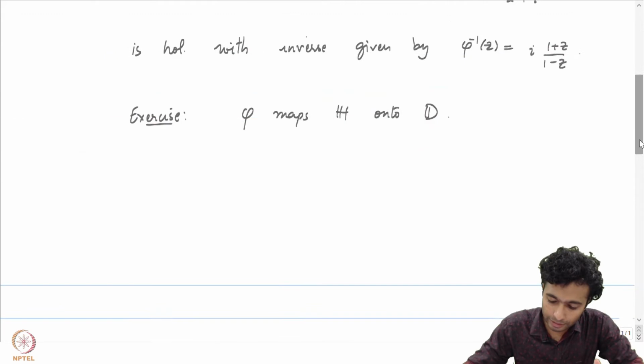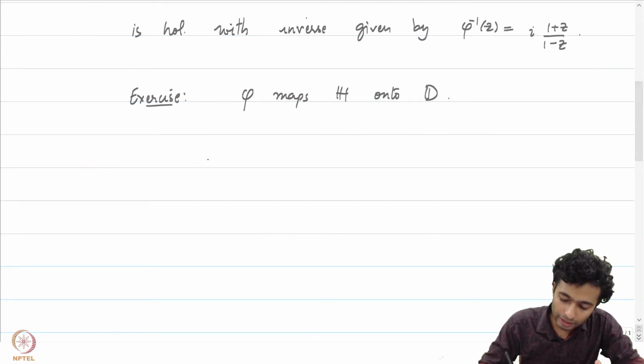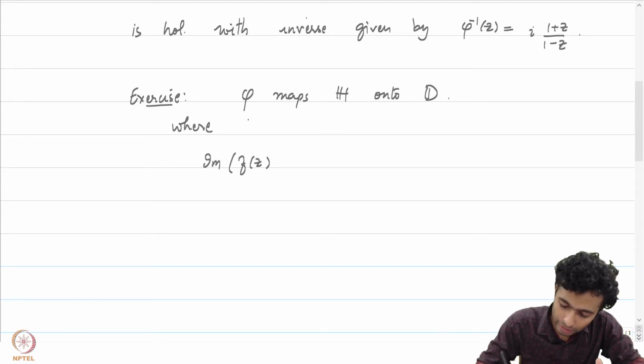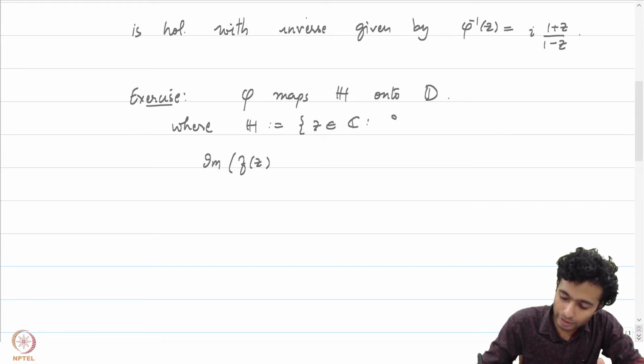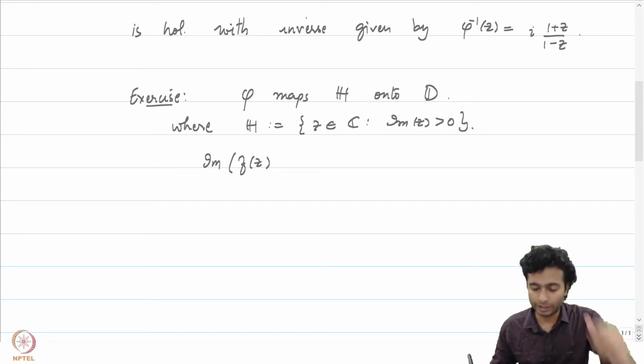What is the problem telling us? The problem is telling us that the imaginary part of f of z. So what was H here, by the way? Where H, the upper half space, is the set of all z in C, where the imaginary part of z is greater than 0, and D is the unit disk.